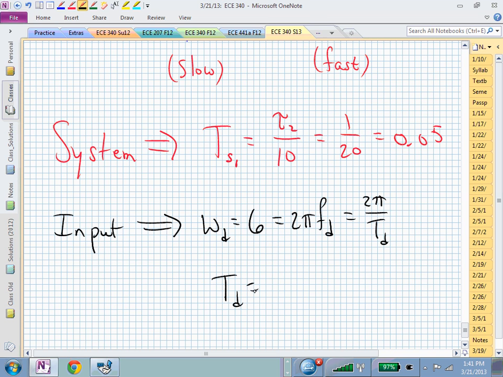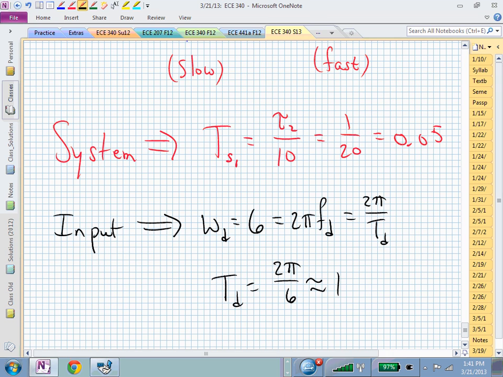And we now know what the period of that input waveform is in terms of duration. We just solve for t sub d, and that's going to be 2 pi over 6, or approximately 1. That's how long it takes to make one period of the input sinusoid, 1 second.